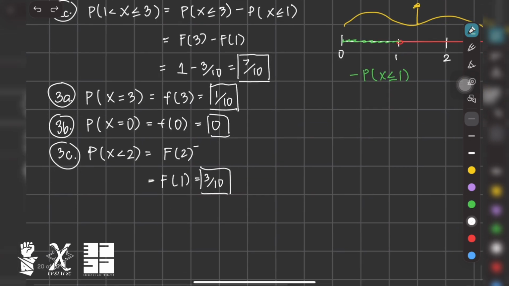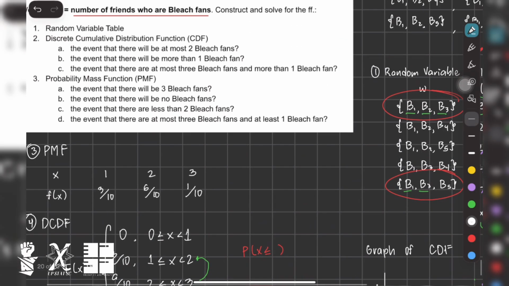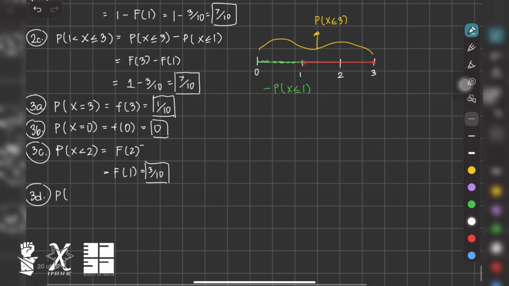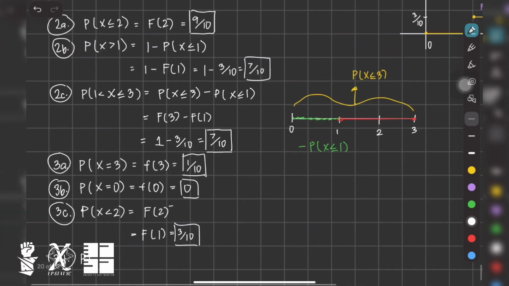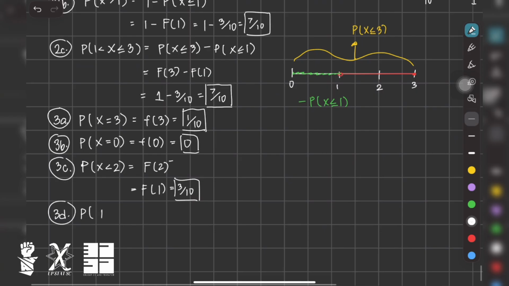Okay, so let's move further to our last question here, 3D. What is the probability of the event that there are at most three bleach fans and at least one bleach fan? So at most three and at least one. We can write it down like this.